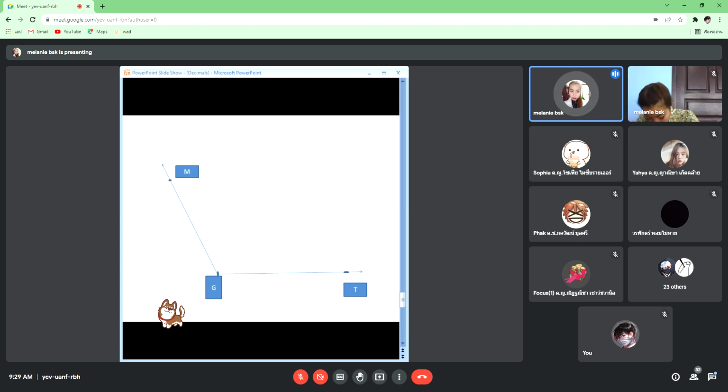Okay, you do number 6. Reflex angle. What does a reflex angle look like? A reflex angle is an angle that measures more than 180 degrees, but less than 360 degrees.